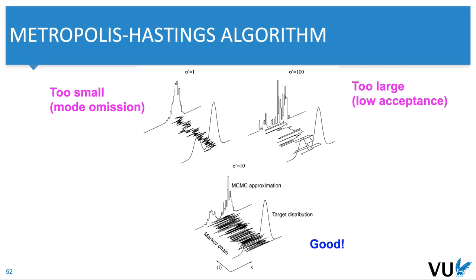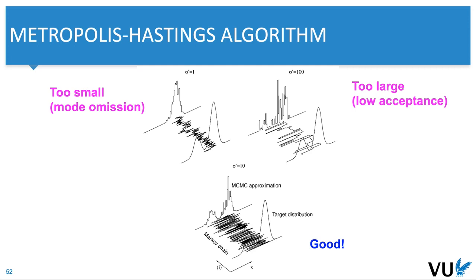And we just simply covered two modes, but you see we wasted a lot of computations on disregarding many points. And then if we pick, for instance, variance 10, we have very good coverage. We covered two modes, and the MCMC approximation is very good, okay? And this Markov chain has a lot of accepted points.